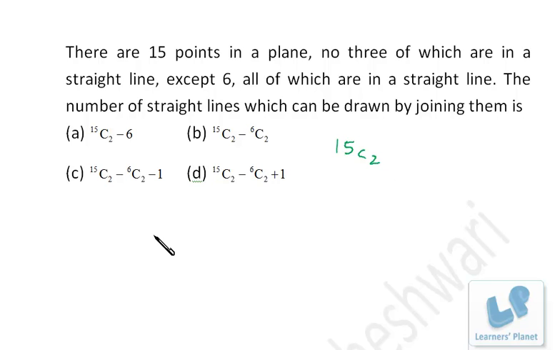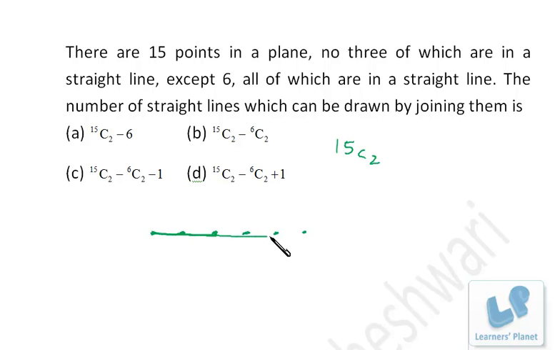But the 6 points are in a straight line. So we would be getting 6C2 lines by combining these points. Why? Because all of them are on a straight line. Suppose I match these two and I match these two. The line that I get from matching these 2 points will be hidden behind this line, so precisely this is just one line only.